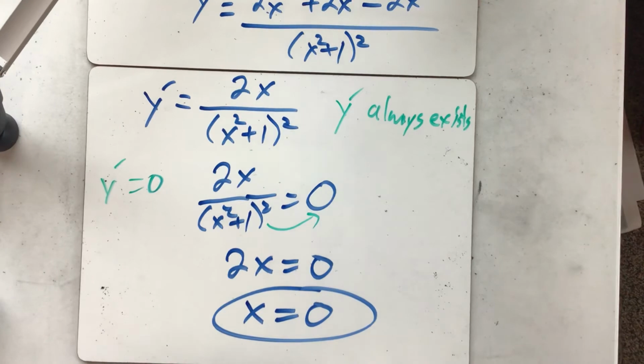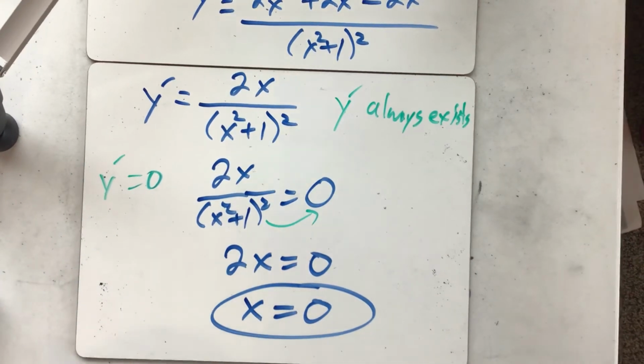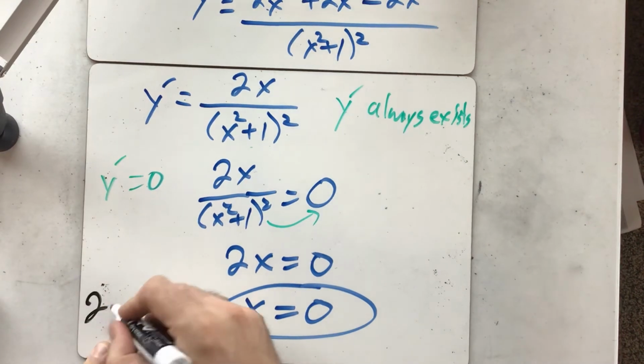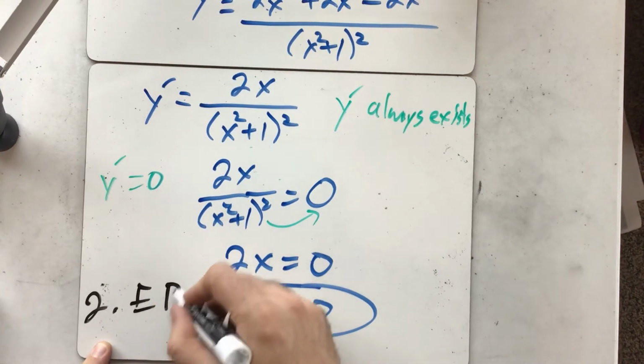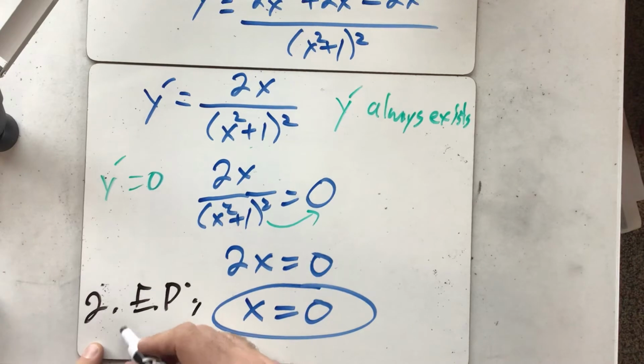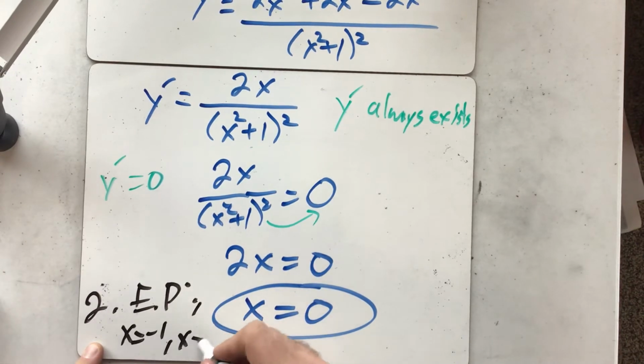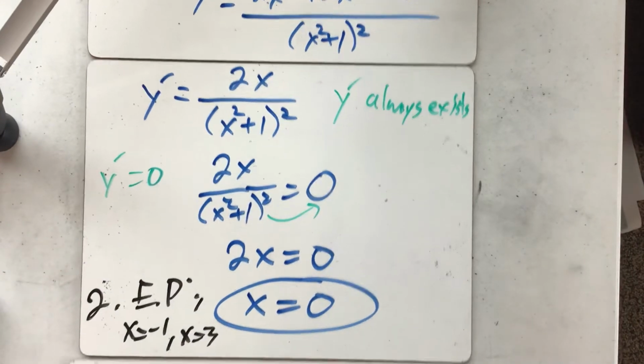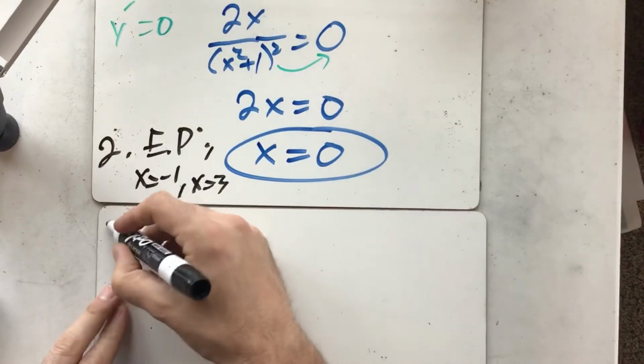Okay. Next, we have our endpoints. We know what our endpoints are. Those are from the problem. So number 2, endpoints are x equals -1 and x equals 3. I feel like being lazy, so I'm just going to write those there and jump straight to the plug-in step.